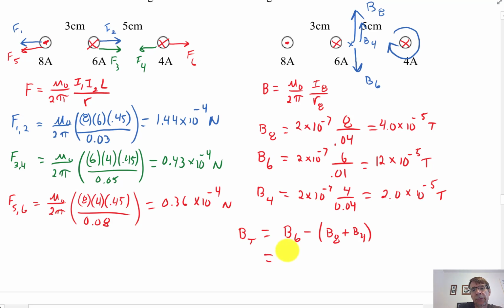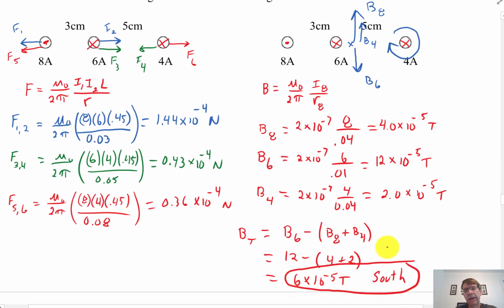So it's basically 12 minus 4 plus 2, ignoring the exponents right now. The final answer is 6 times 10 to the negative 5th Teslas, and I'll say south, towards myself, towards the bottom of the page. That's the final answer for the net direction of the magnetic field at that location.